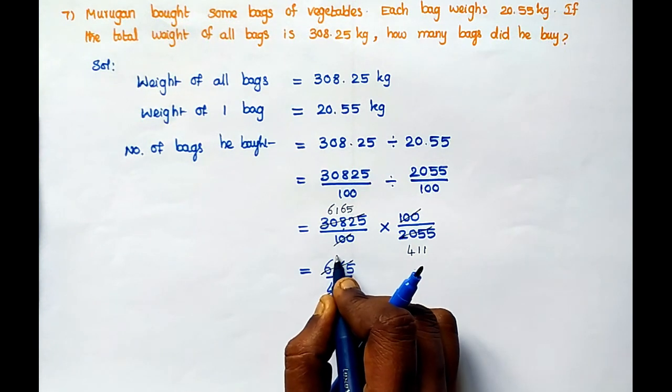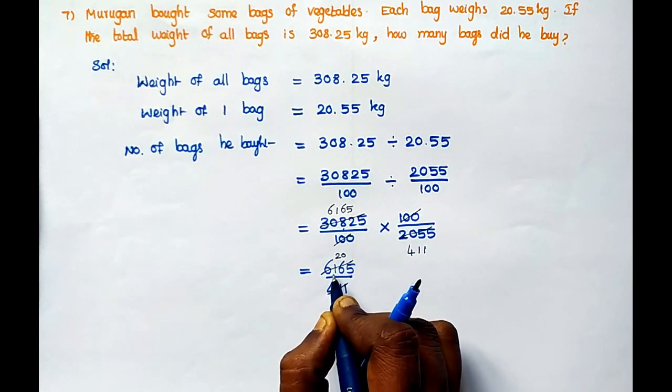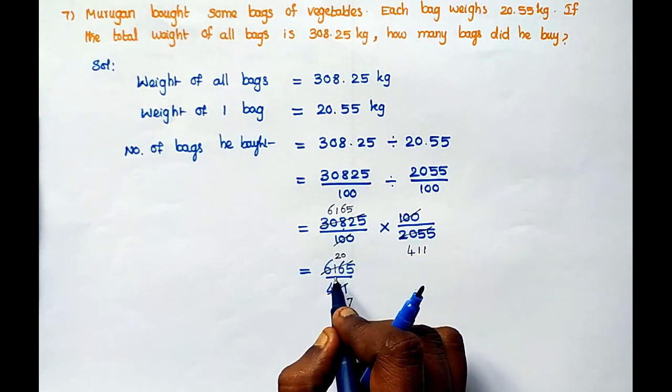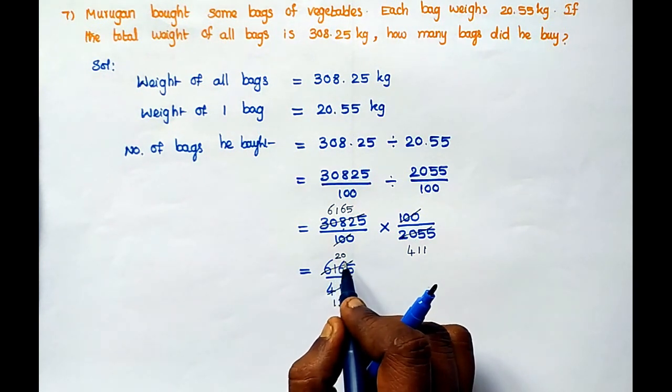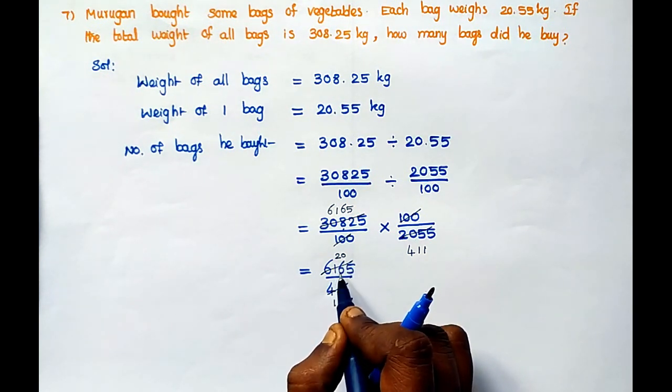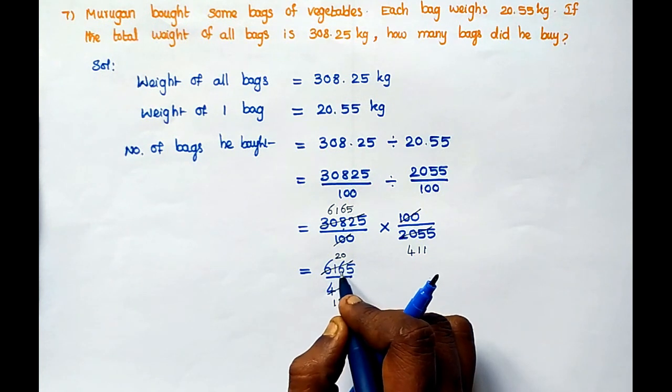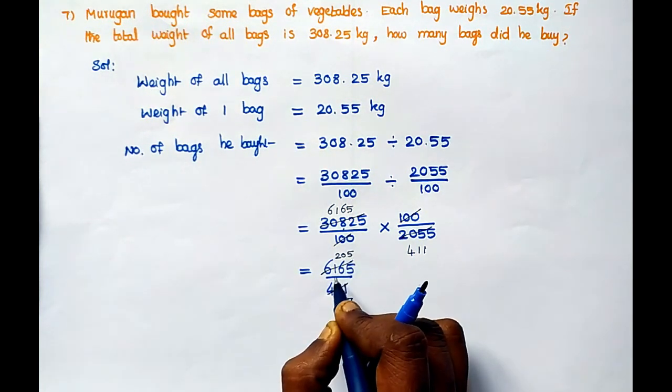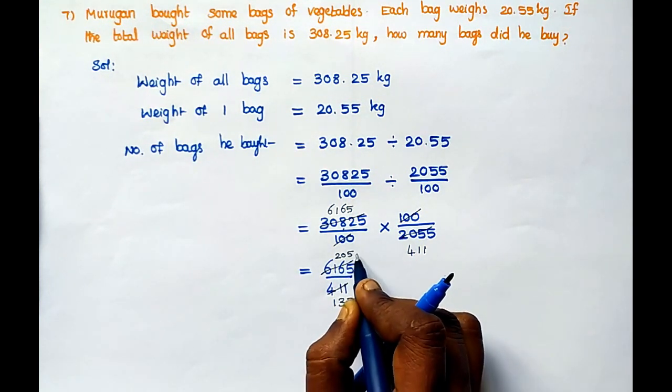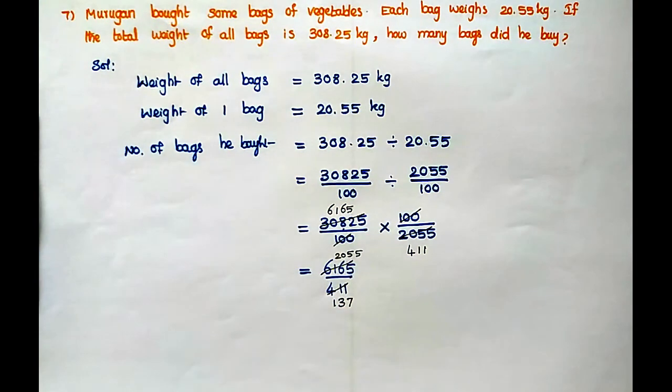Here 2 3s are 6, can't divide 1 by the 3 table, so put 0 for that, and here 16, 5 3s are 15, balance 1, it becomes 15, so that is also 5 times.